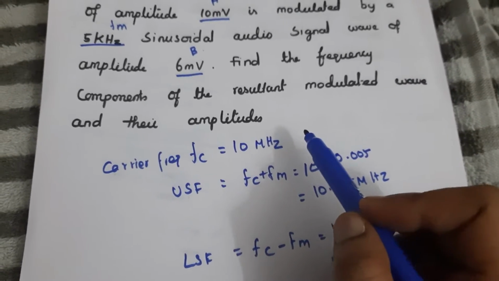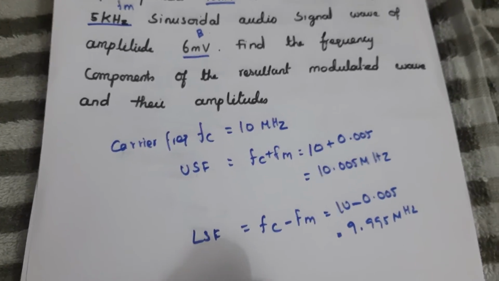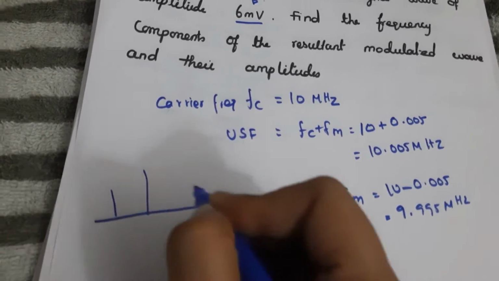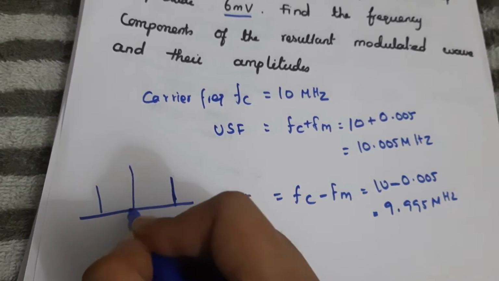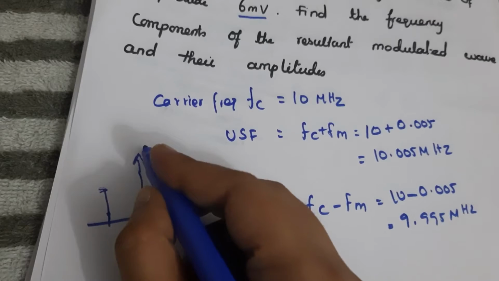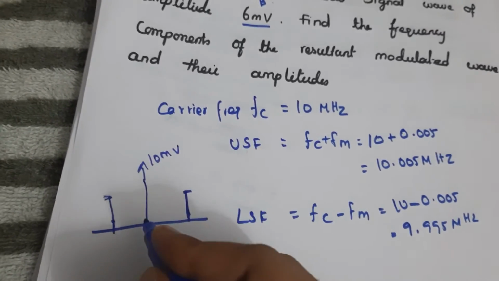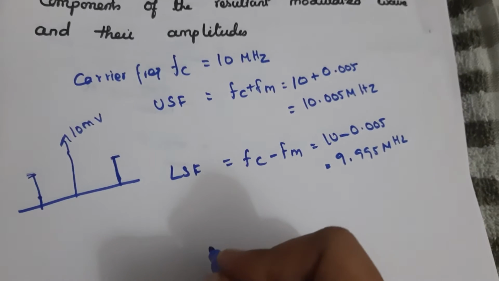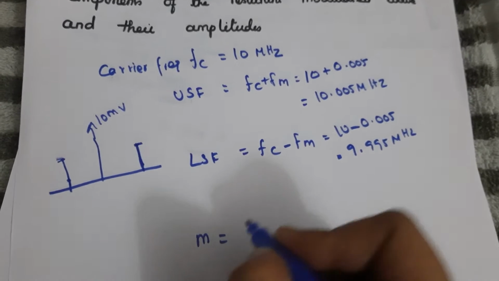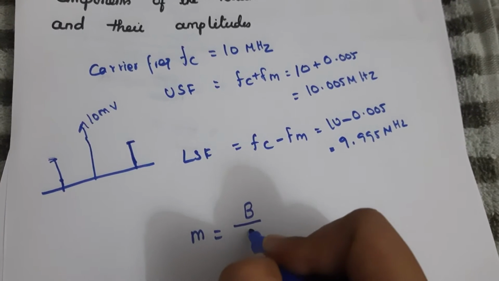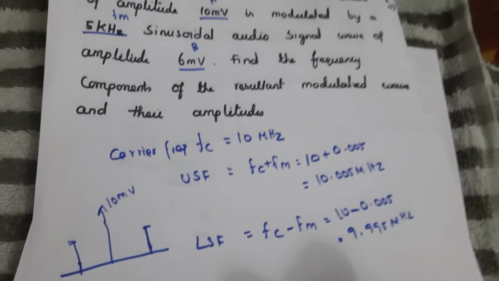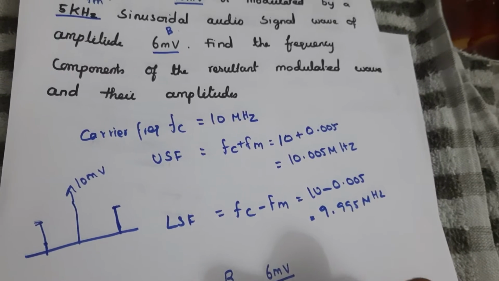and their amplitude. And for amplitude, there will be two sidebands. So we have found the frequency, and now we need to find the amplitude value. So this is the carrier frequency, this is 10 millivolt. So first it needs that M, modulation index, that is given as message signal amplitude divided by carrier signal amplitude. So B here is 6 millivolt divided by 10 millivolt.